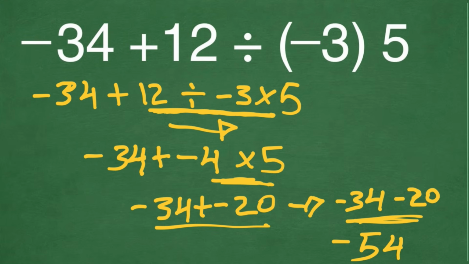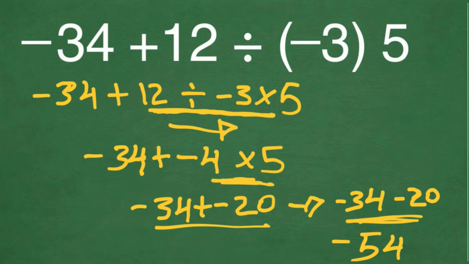So let me quickly recap what we did. We started with -34 plus 12 divided by -3 times 5. We followed PEMDAS. We looked at the parentheses first, which just gave us -3. Then we solved the division, 12 divided by -3, which gave us -4.